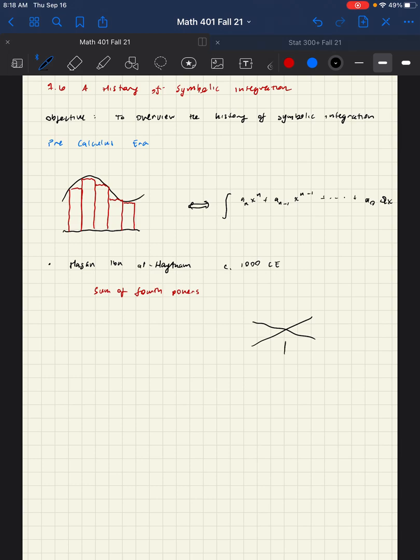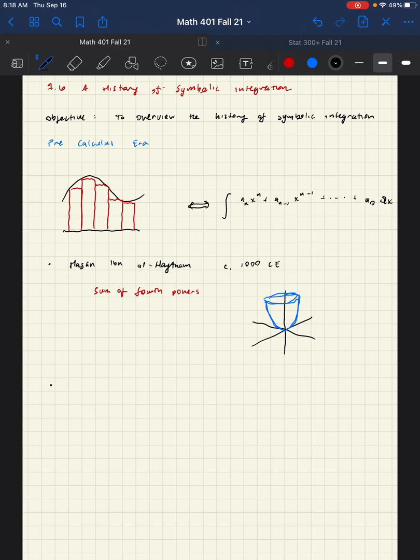So if you think about a parabola and you rotate it in this third dimension, it looks kind of like this bowl shape. This formula helps you find the volume of that. So we had something like this more than 1,000 years ago.